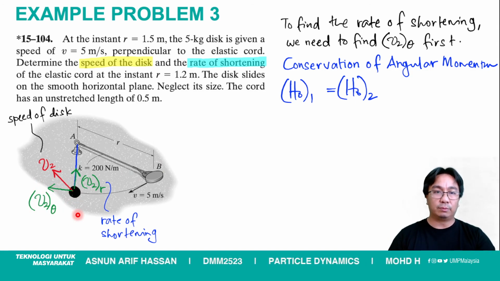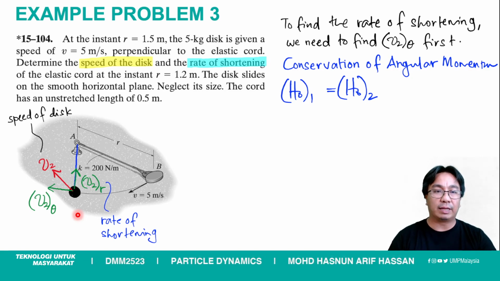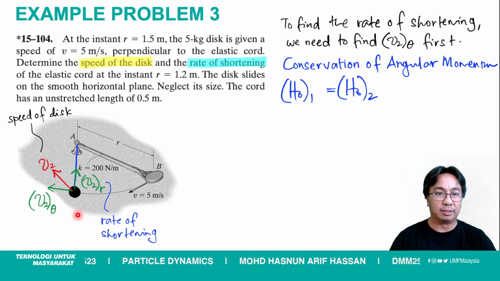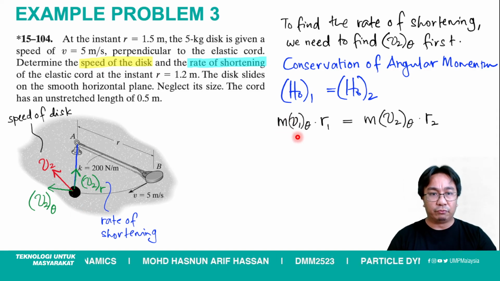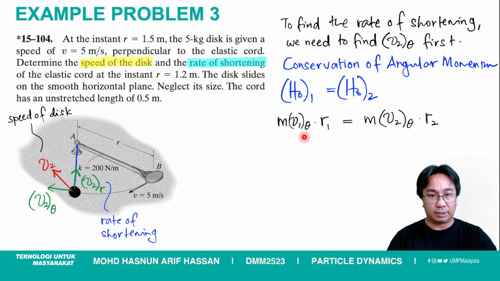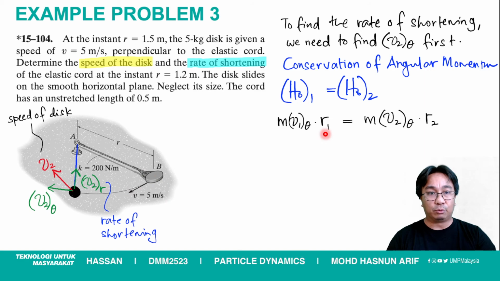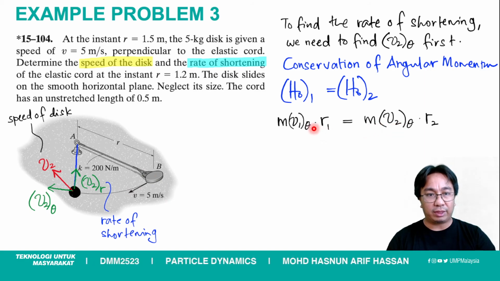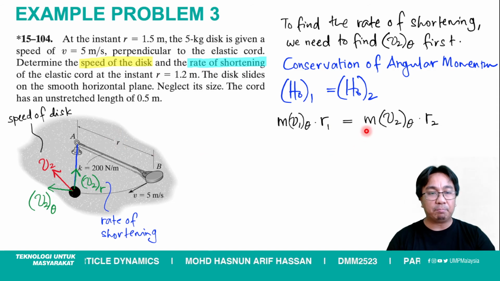H_O we defined before is equal to m v times d. So in this case, m times v1 theta, which is actually this 5 meters per second, multiplied with r1, where r1 is 1.5, is equal to m v2 theta times r2.